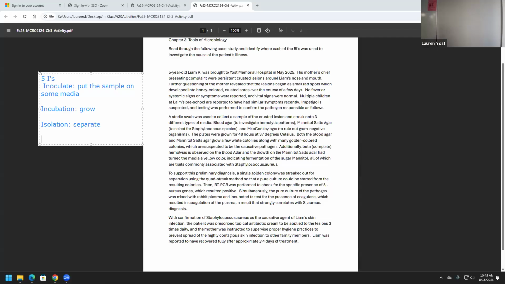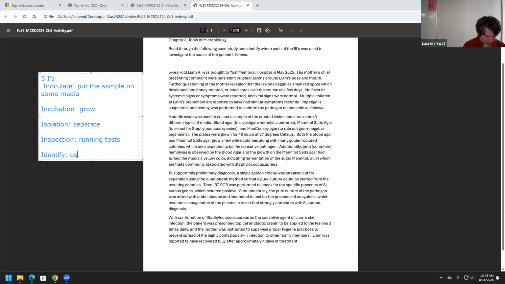So in order to study whatever's causing the disease, we have to separate it from the other things in the sample. That's the isolation step. Then we do the inspection, which is just running the different tests. And then identification, using the results of the tests to identify it. Speaks for itself, I feel like.